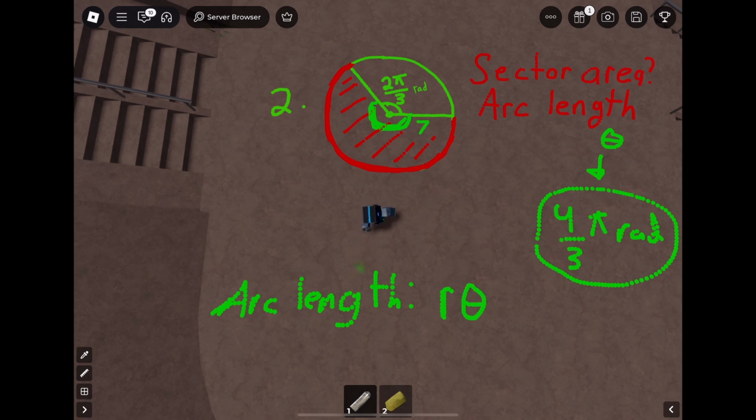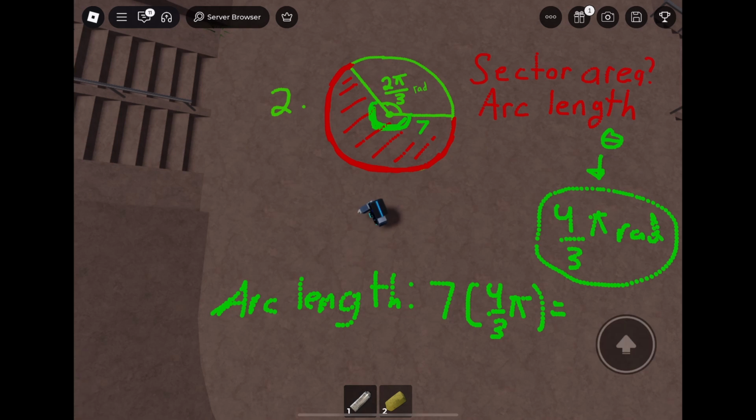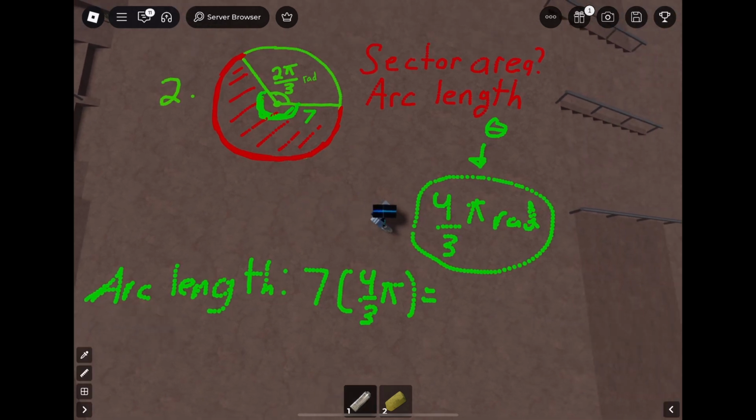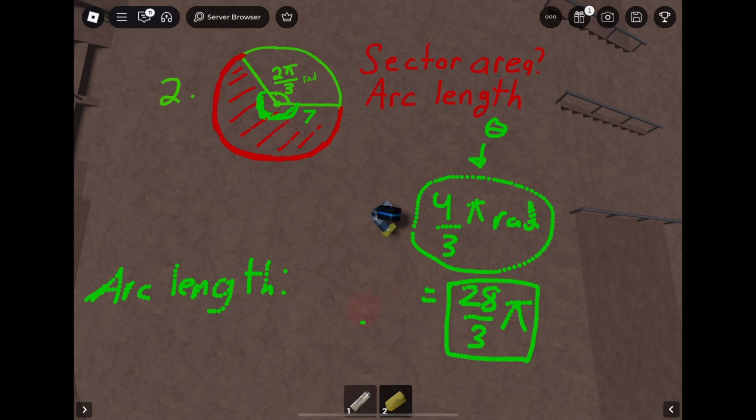So we can do that pretty easily. r is just 7, then theta is just 4/3 pi radians. And if you simplify this, that would just be 28/3 pi. And that's how long the arc is. If you want to put this into a calculator, it ends up being roughly 29.32.